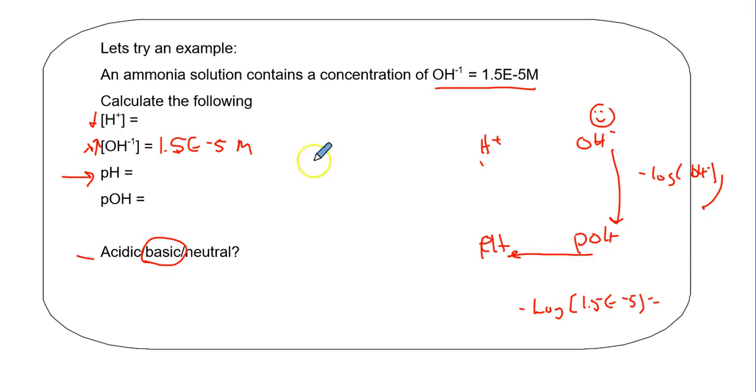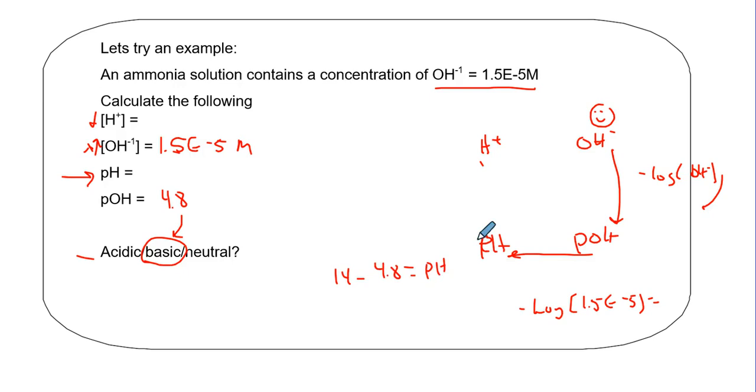Okay, so my pOH is 4.8. Of course, if you were to go on the scale of pH and pOH, you'd find that 4.8 is in fact basic.